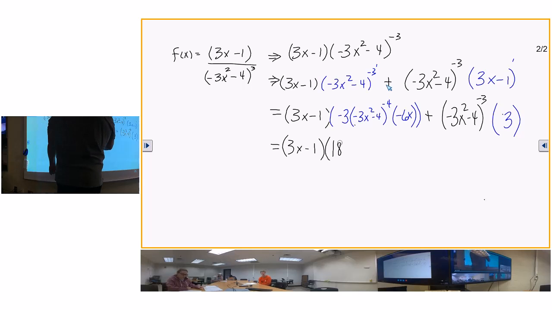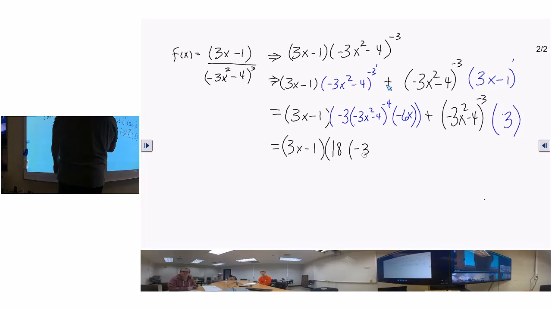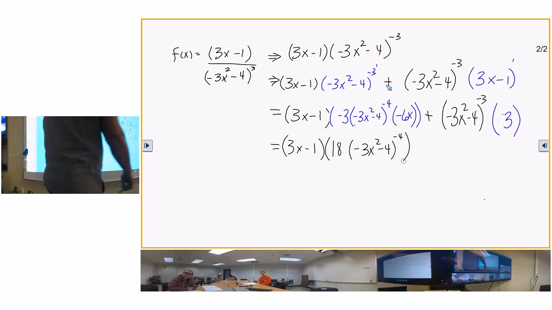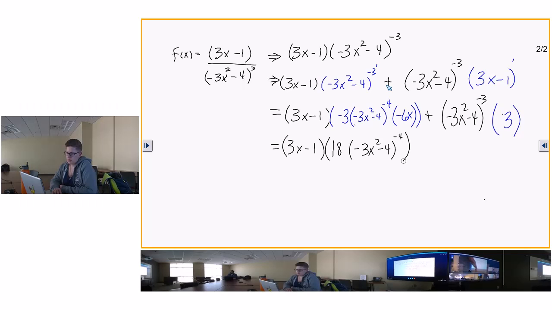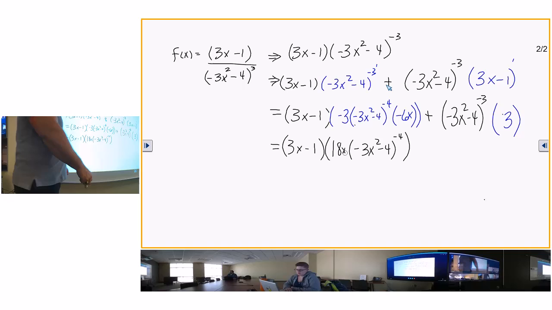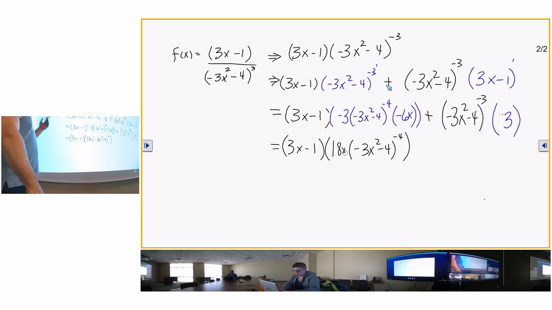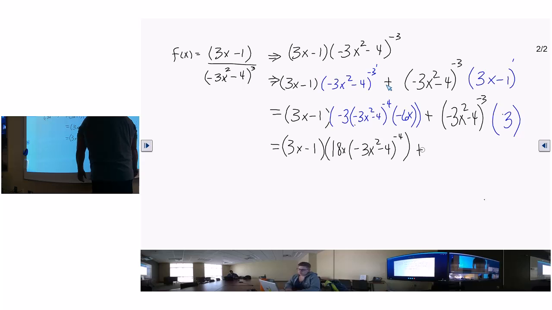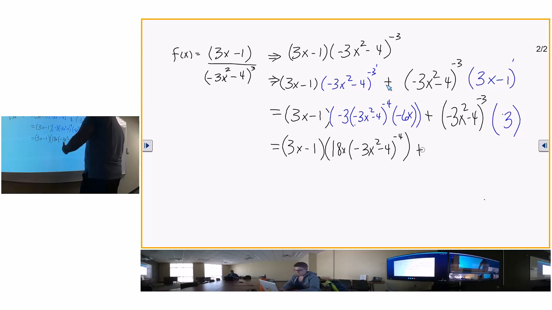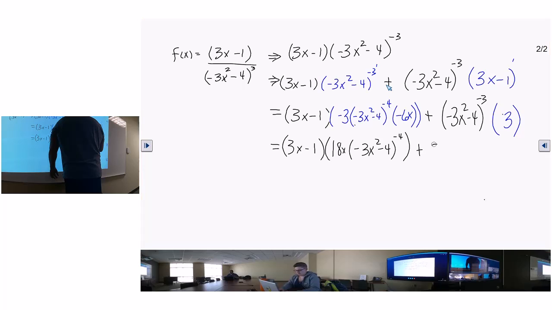And then I'm going to get -3x squared minus 4 to the -4th power. Wait, what about that? Oh, sorry. Thank you. Okay. Now, if you notice, I'm doing everything step by step. Why? Because with these type problems, with all this algebra, you can make a careless what? Mistake.